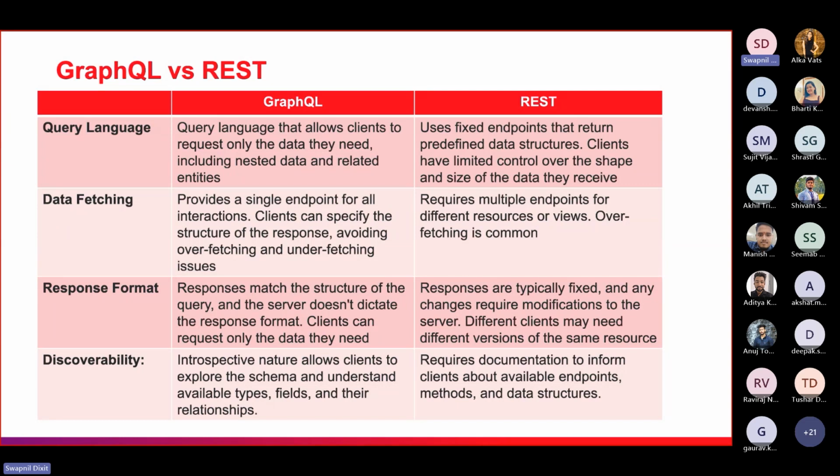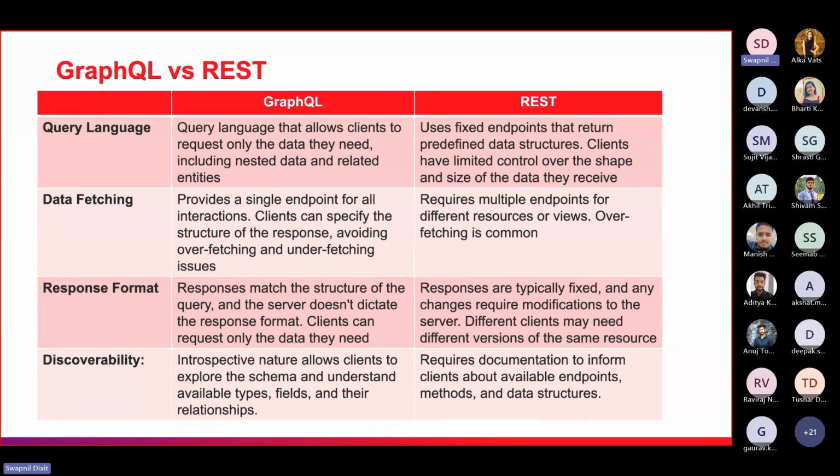Data fetching: GraphQL provides a single endpoint. In GraphQL, we have a single endpoint for all interactions. The client can specify the structure of the response, avoiding overfetching or underfetching. Overfetching means that if you need only a single particular piece of data, GraphQL can give you that, but in REST you cannot do this.